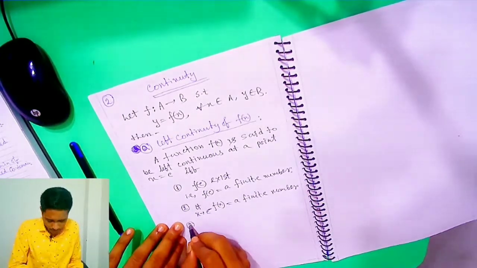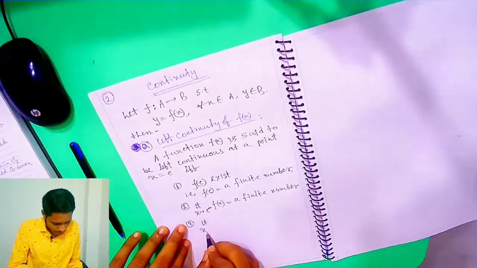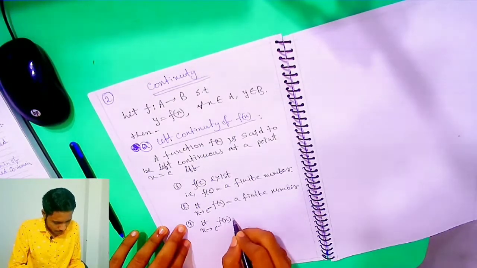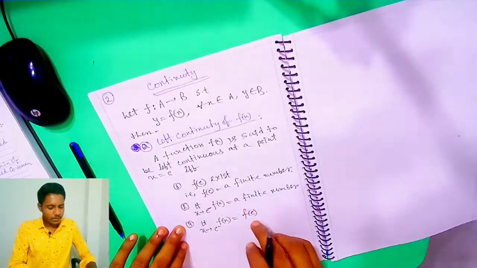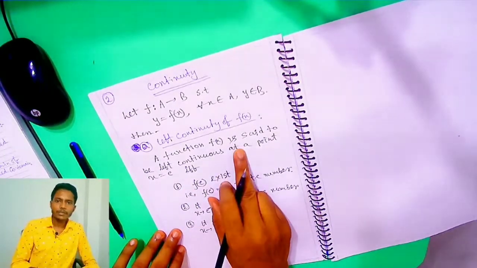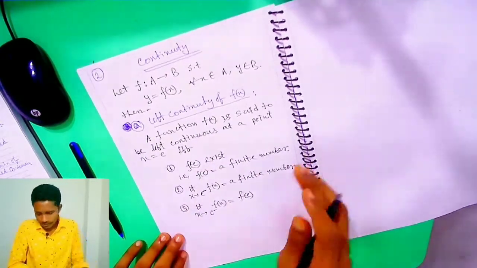And third, limit x tends to c minus of f(x) is equal to f(c). If those three conditions hold, then we will call the function f(x) continuous at x is equal to c from the left side, left continuous.